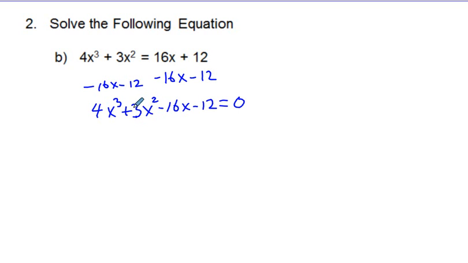If we look at just these first two terms, and these last two terms, what do we see? Well, 4 is to 3 as negative 16 is to negative 12.